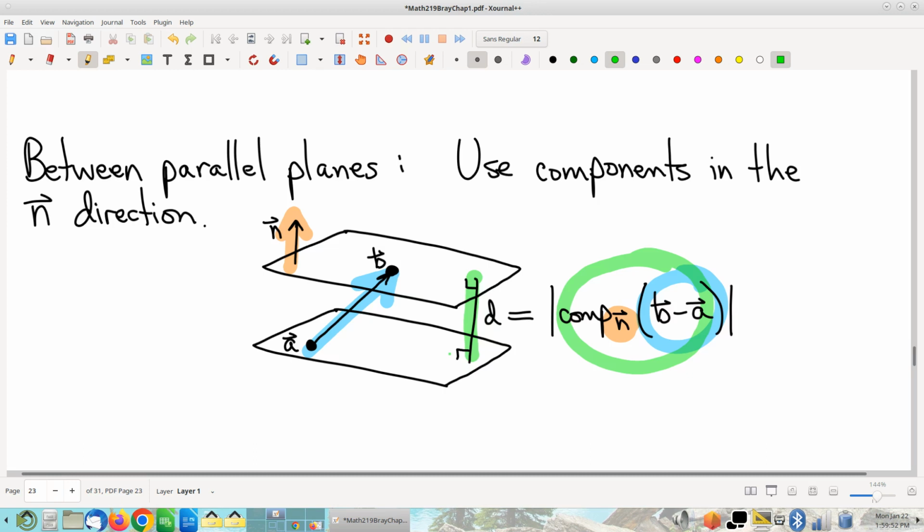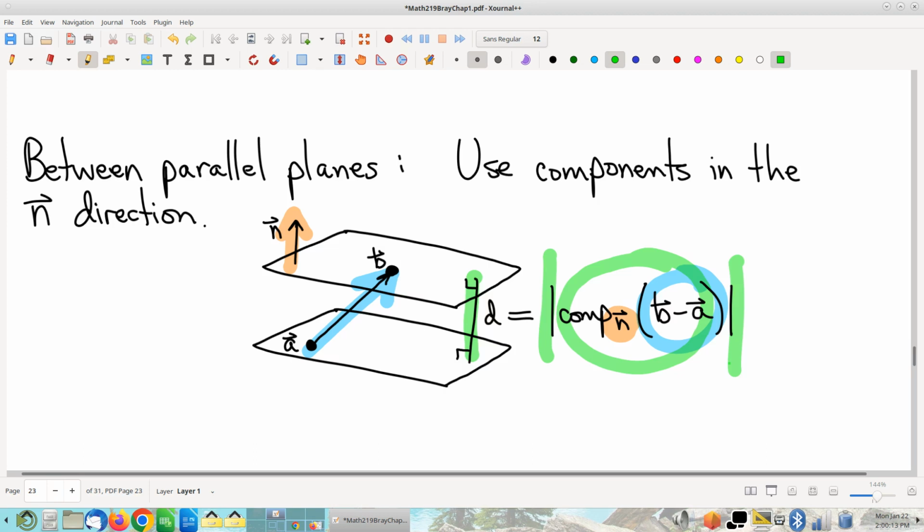And the one little asterisk that I have to point out is don't forget to take the absolute value. The key point there being that components are not distances. Distances are intrinsically positive things. Components are coordinates, so they're scalars, but they're not necessarily positive scalars.